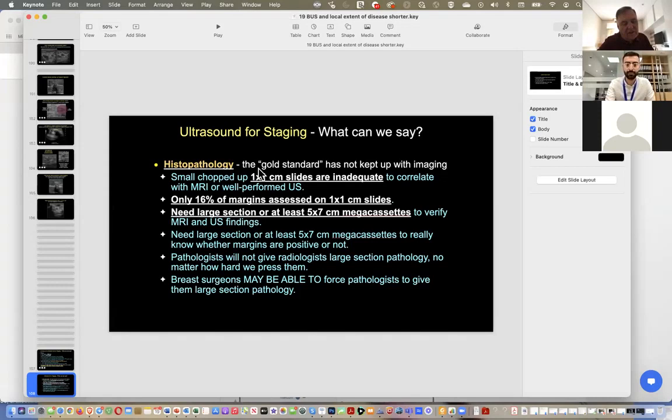There are deficiencies in the pathology descriptors. There are deficiencies in the BI-RADS descriptors. There are deficiencies in TNM, but you can't just start slapping people in the face with it. It has to be an interactive educational process where you have a bidirectional discourse. So if you start using terms your pathologists don't understand or your surgeons don't understand, it might cause problems.